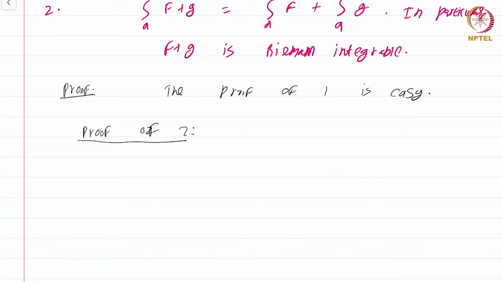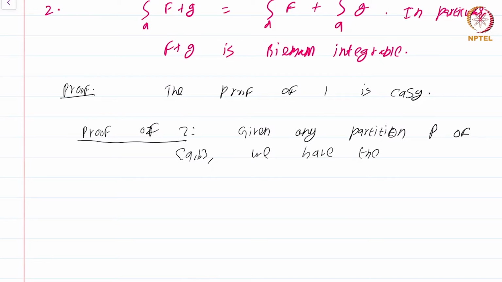So what you do is, given any partition P of [a, b], we have the following chain of inequalities. This chain of inequalities is the heart of the proof.